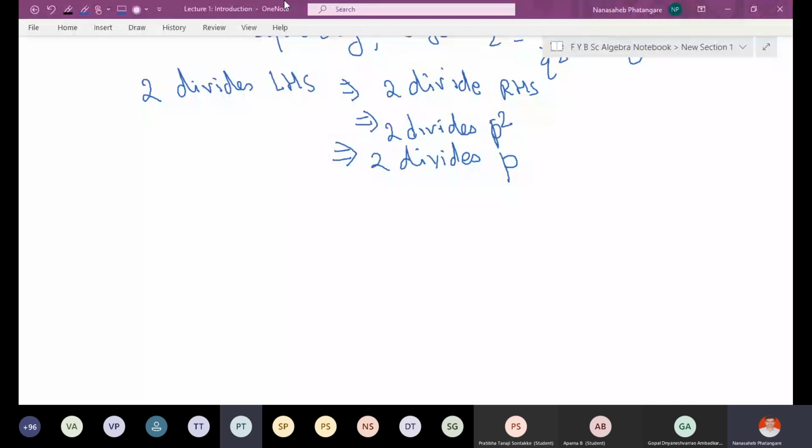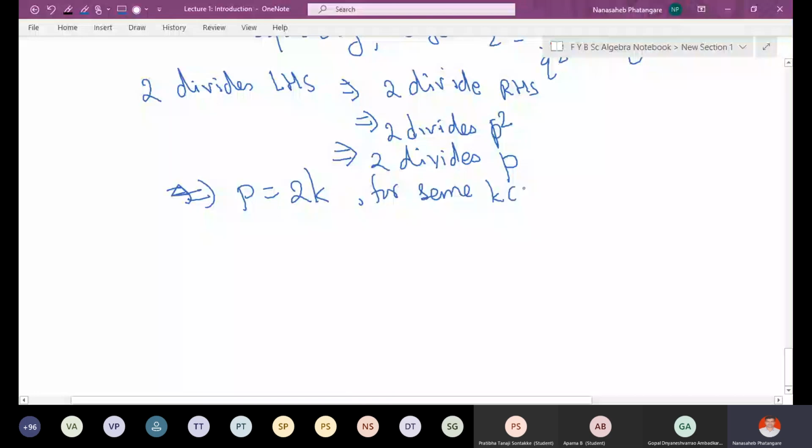Since 2 divides p, what does it mean? 2 is a factor of p, therefore p is 2 times k for some integer k.